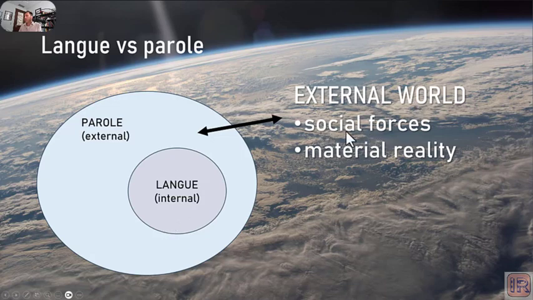The external world includes social forces and material reality, which is both informed by and informs language. Language has to represent the external world, but the way that we perceive and understand the external world is framed by the language that we speak.